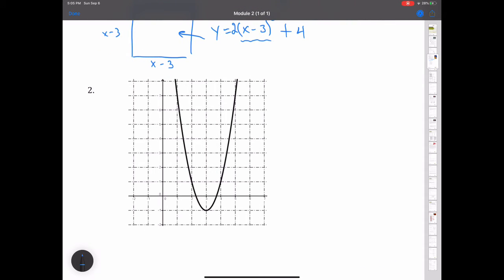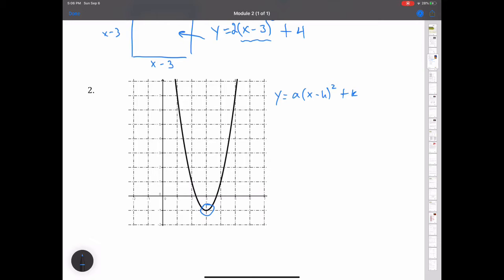We have to figure out what this equation is, right? So first thing I need to look at is where's my vertex? Well, my vertex is over here at 3 comma negative 1, right? So now I need to think, well, how do I put that in an equation? Well, when we were looking at the general term here above, we had all of these components in separate questions, right?